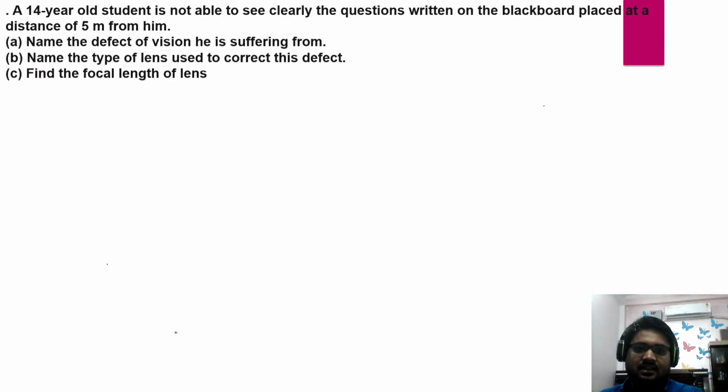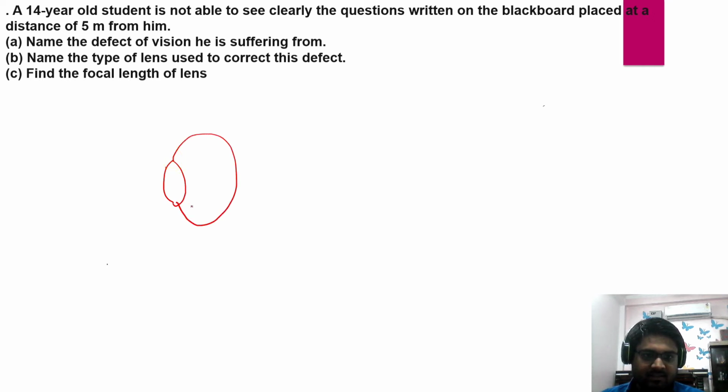Now we will discuss another problem in which a 14-year-old student is not able to see clearly the question written on the blackboard placed at a distance of 5 meters from him. Okay, so the first part of the question is asking, name the defect of vision he is suffering from. So if I draw the ray diagram for the human eye, it will appear like this.